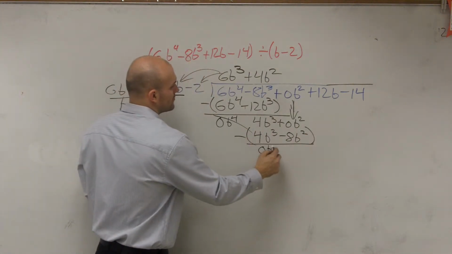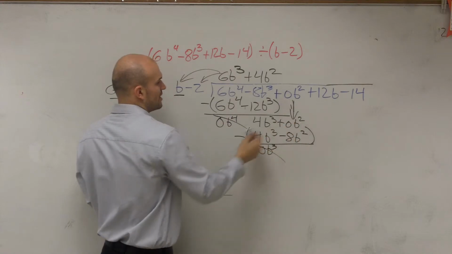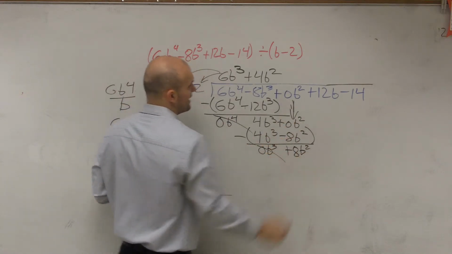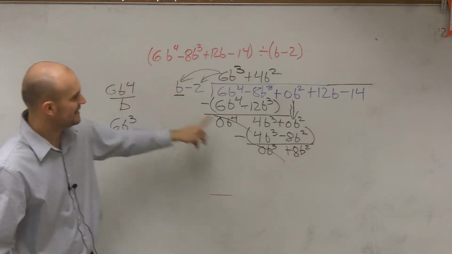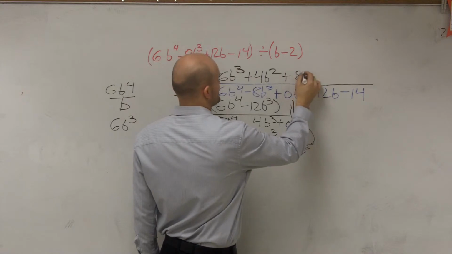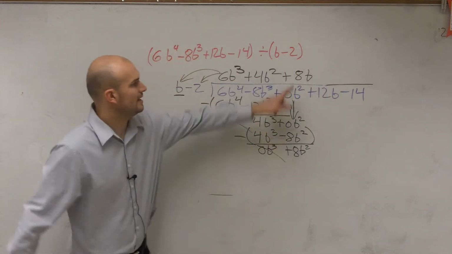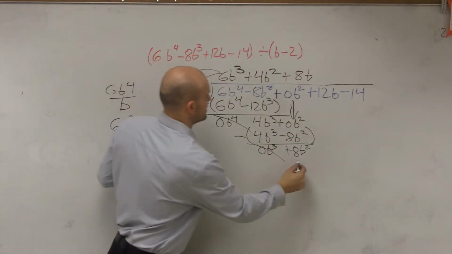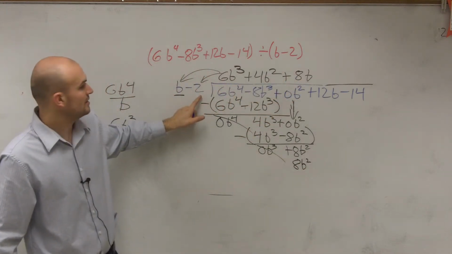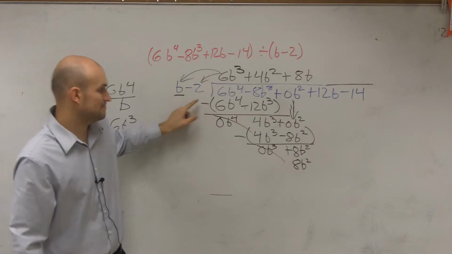This goes to 0. 0b squared minus a negative 8b squared now becomes a positive 8b squared. b divides into positive 8b squared positive 8b times. 8b times b is 8b squared. 8b times negative 2 is a negative 16b.